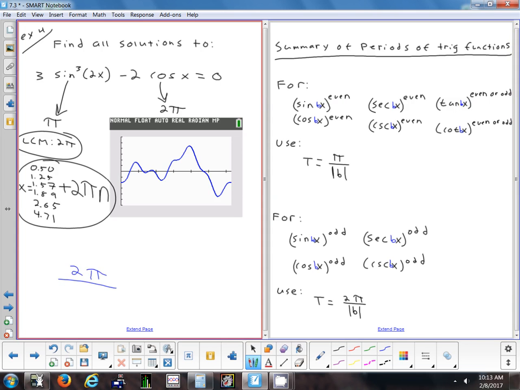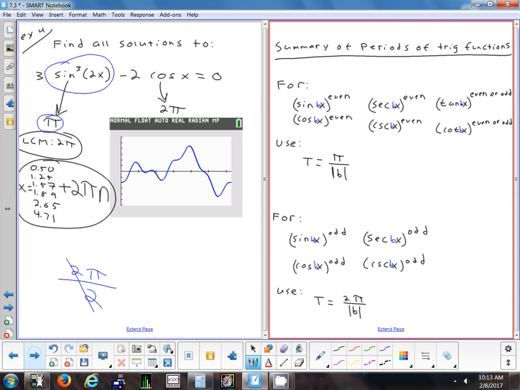And what's b in this term? 2. The number in front of x is 2. 2 divided by 2, those cancel out, and I get pi. And that's exactly what we discovered by kind of experimenting and just looking at it on the screen. Okay, but if you don't want to have to do that, there's your formulas.